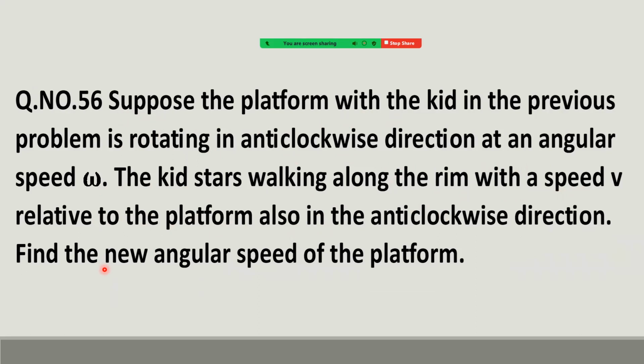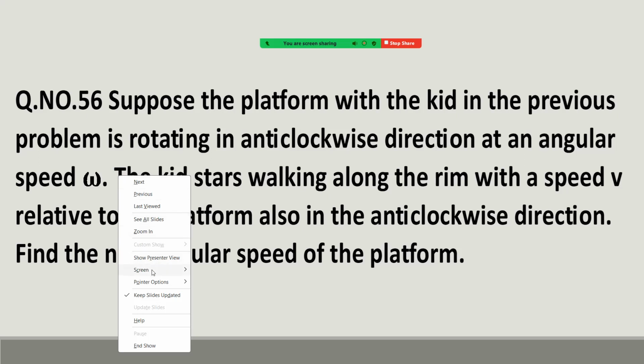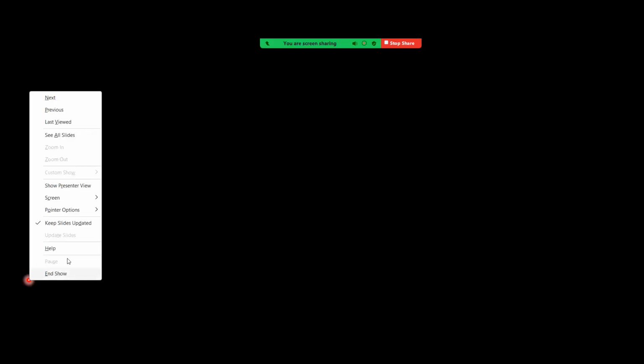Find the new angular speed of the platform. So the platform is rotating anti-clockwise, and the kid starts walking, again anti-clockwise, with a speed v relative to the platform. Let us see how to start the problem.